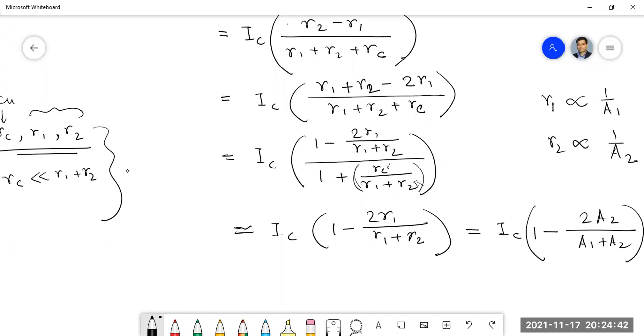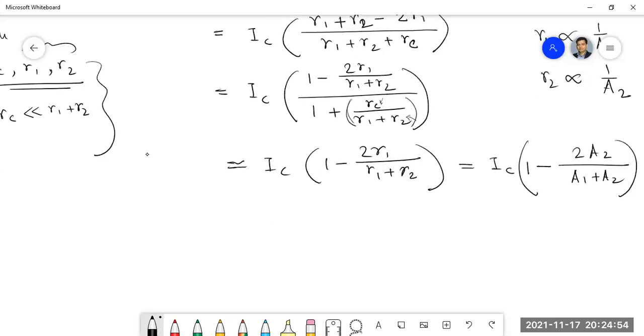Okay. Now think of those 5 instants. First, the instant number 1. Suppose at some t equals to 0, you are going through instant number 1. What is the value of A1 and A2?